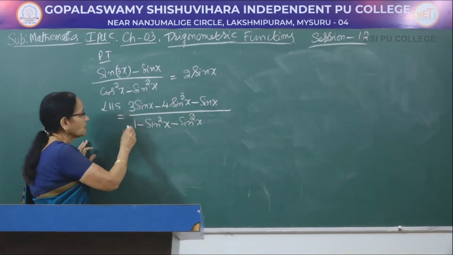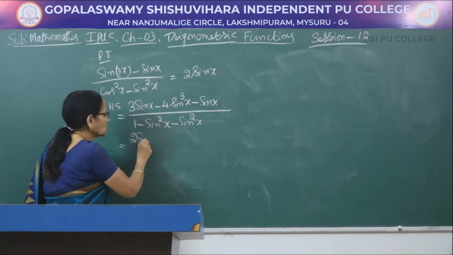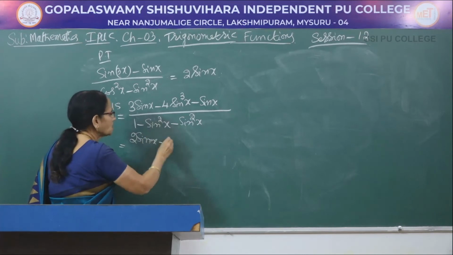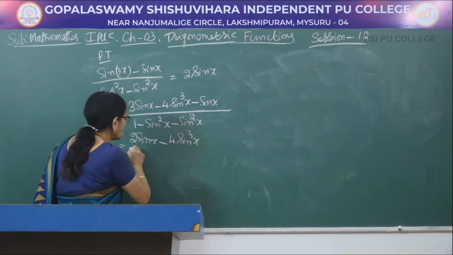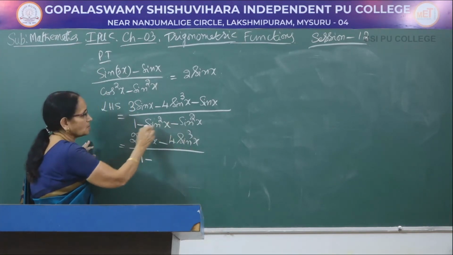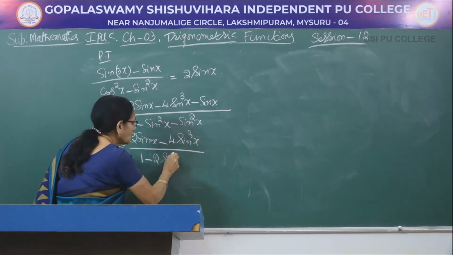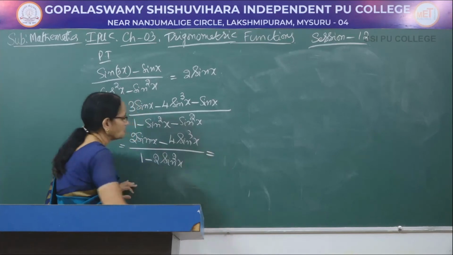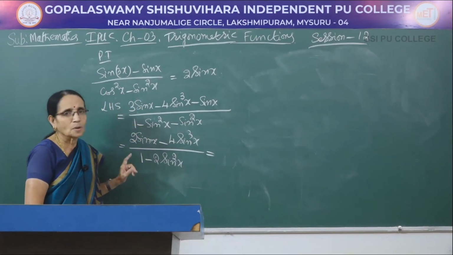Now, let us simplify. 3 sin x minus 1 sin x is 2 sin x, minus 4 times sin cube x, whole thing divided by 1 minus sin square plus another sin square, having the same sign, would become 1 minus 2 sin square x. Now, keep the denominator as it is. Look at the numerator.